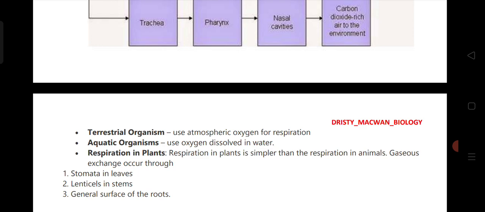After that we saw how the exchange of gases takes place, how the intake occurs, how the gaseous exchange occurs, and how the carbon dioxide is released outside the body. Then we saw how different organisms take in oxygen in different forms, so based upon the type of organism there are several different processes through which respiration takes place.